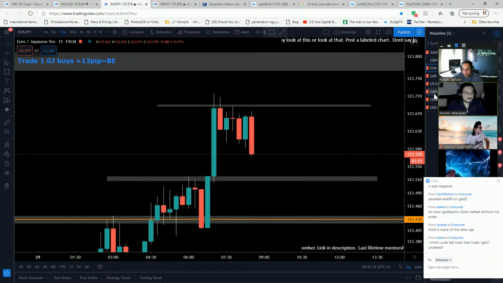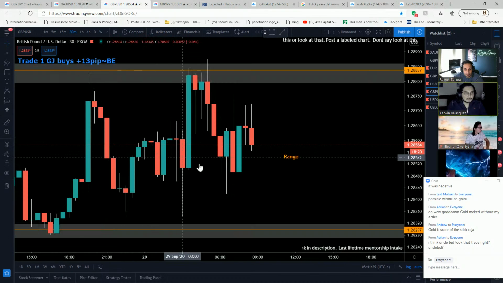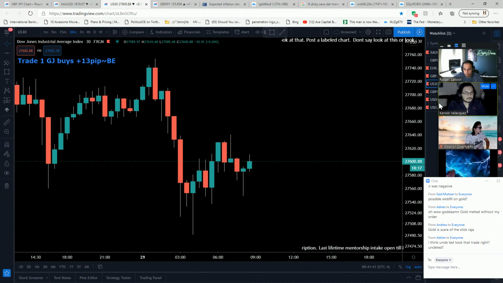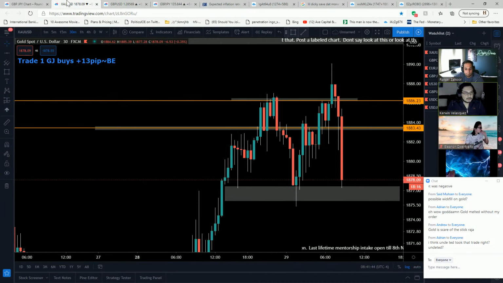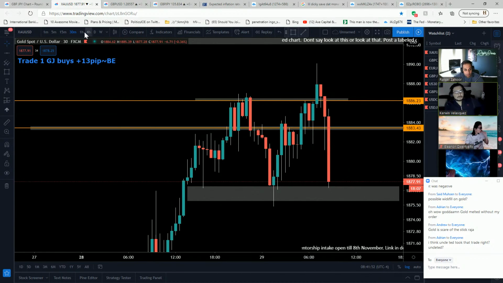Now this is crazy. Oh, so are we heading to the 1870s? Oh yeah. This is a big liquidity zone over here where it's entering right now.